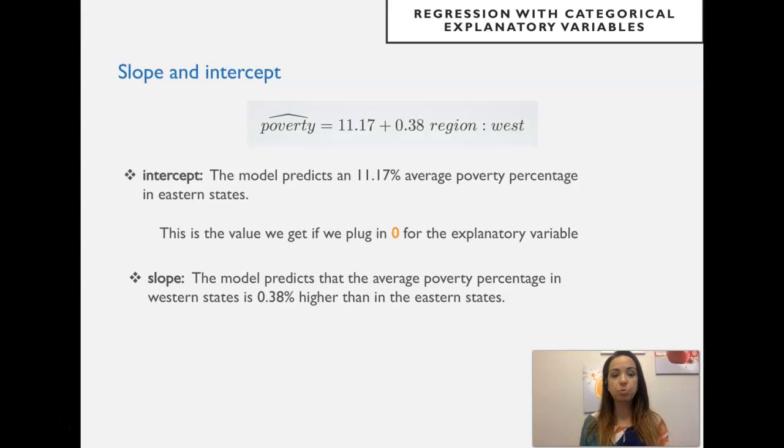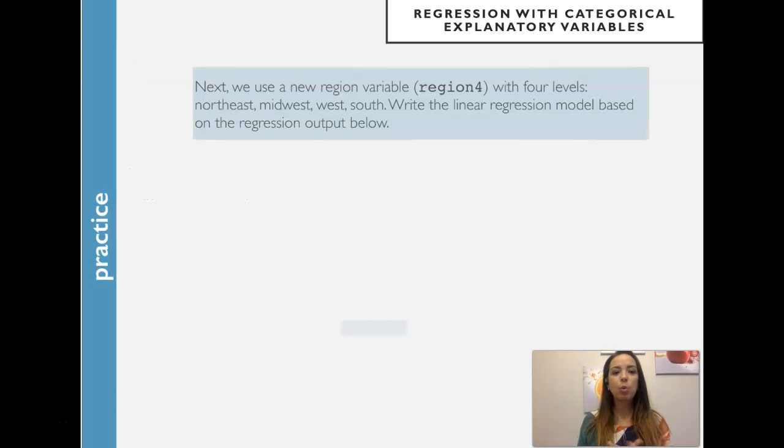So now let's move on to a situation where you have more than 2 categories. We'll play with a new region variable, region 4, that has 4 levels: the northeast, the Midwest, the West, and the South. And the exercise will be to write the linear regression model based on the regression output above.